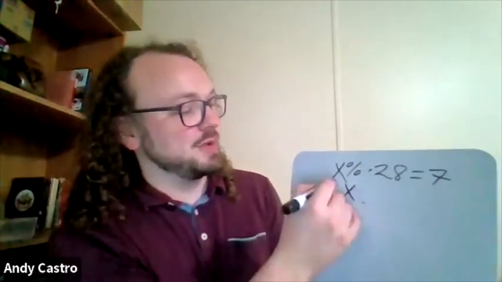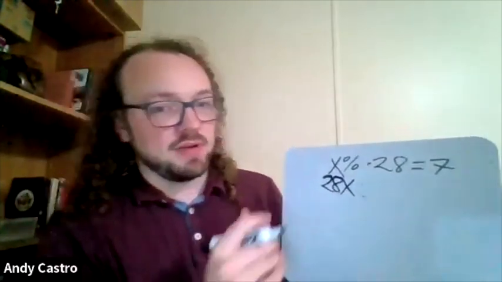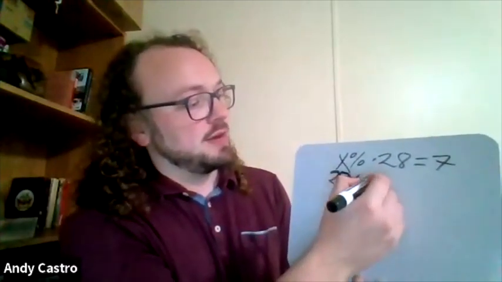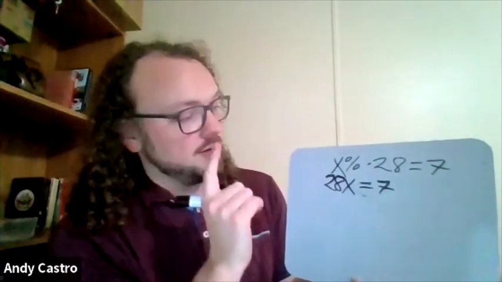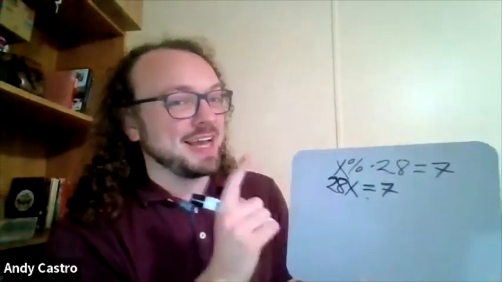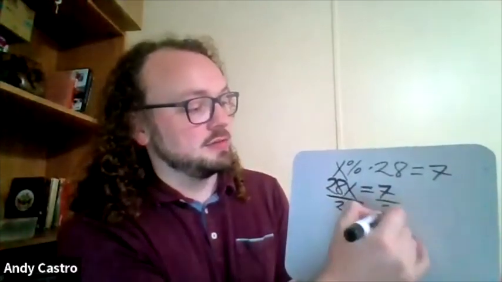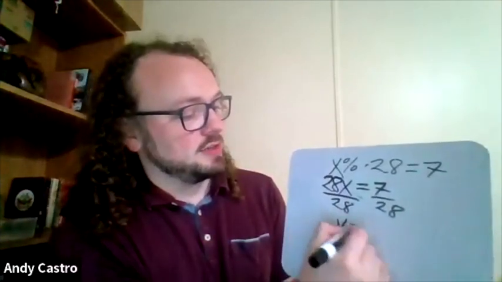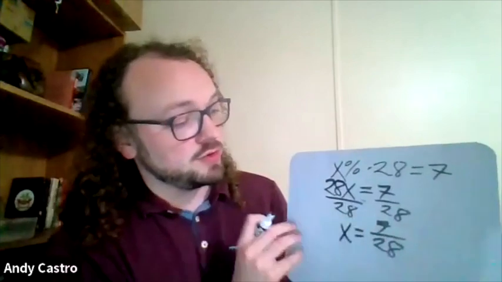And normally, actually, we would rewrite it as 28x or x times 28. And that equals 7. Now I have to divide both sides by 28. So I've got x equals 7 over 28.